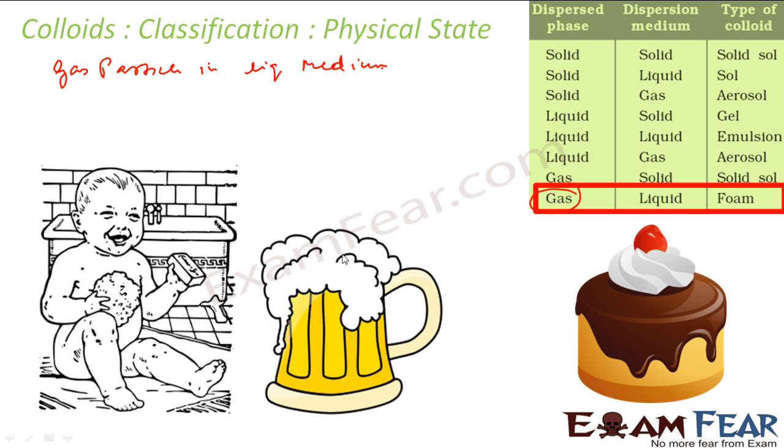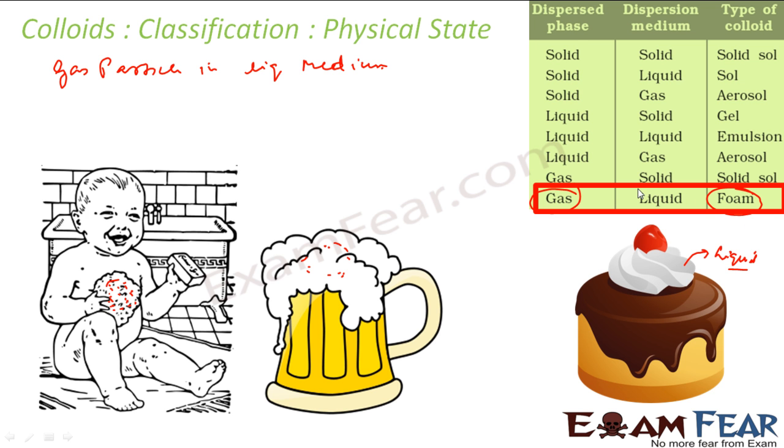That's a good example of this kind of colloid. Or the whipped cream. This cream is generally a liquid. The whole thing is a liquid, right? And you have some bubbles in this. That's gas. The foam is also liquid, but it has gas bubbles, right? So it is gas and liquid. The soap foam you get, right? That's also liquid, but you have gas bubbles or gas particles in it. So it is gas particles in a liquid medium, and they are called foam.